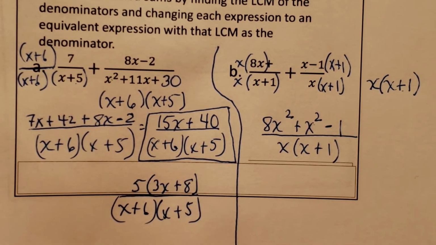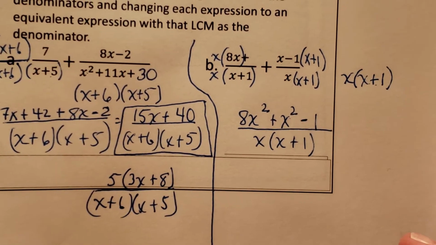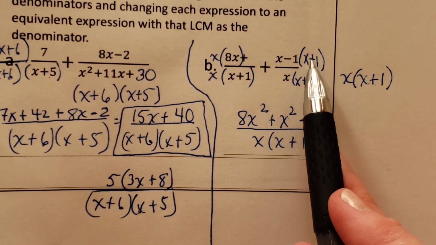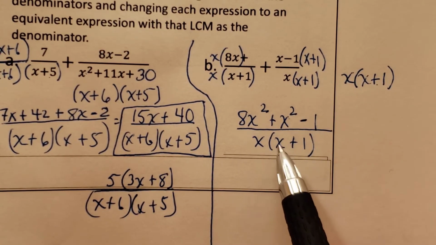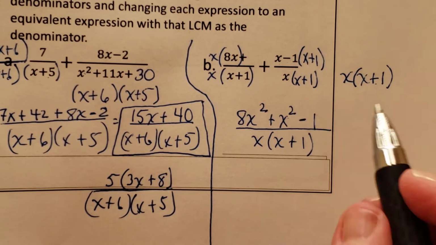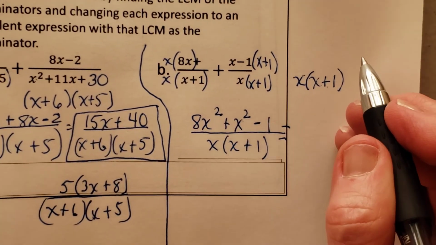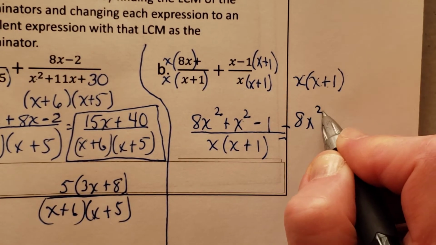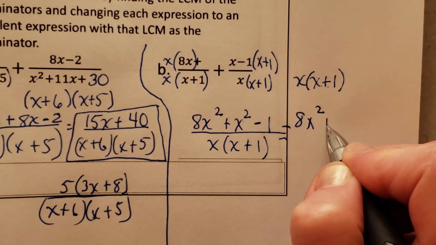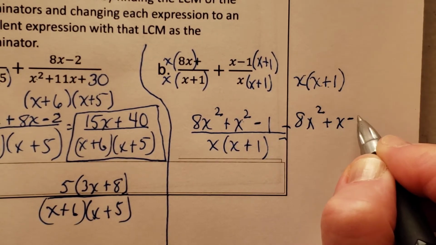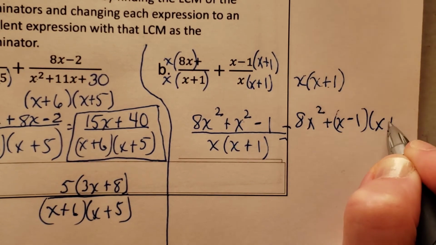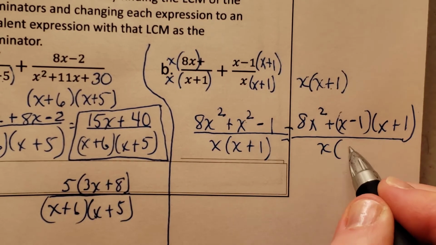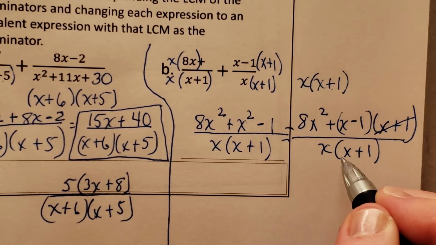Now, is that simplified? Actually, if I leave it in this form, it would cancel out this. Do you see that? These would cancel out. So I'm going to go back to 8x squared plus x minus 1, x plus 1. And now I can factor out this because they match exactly.